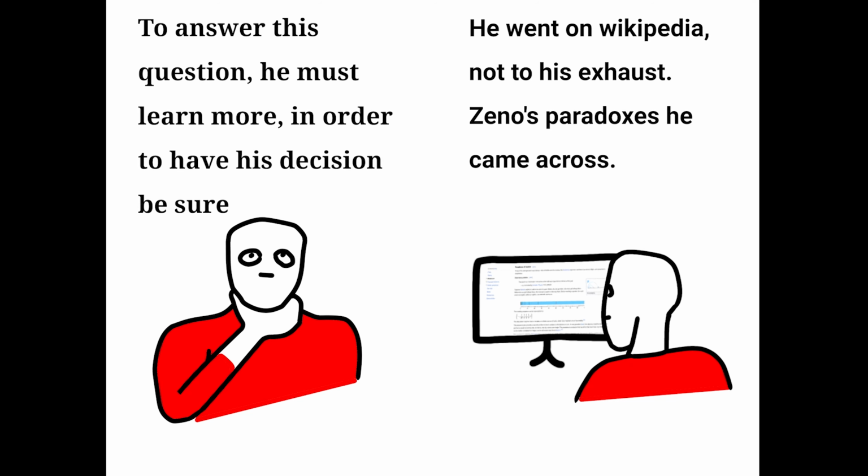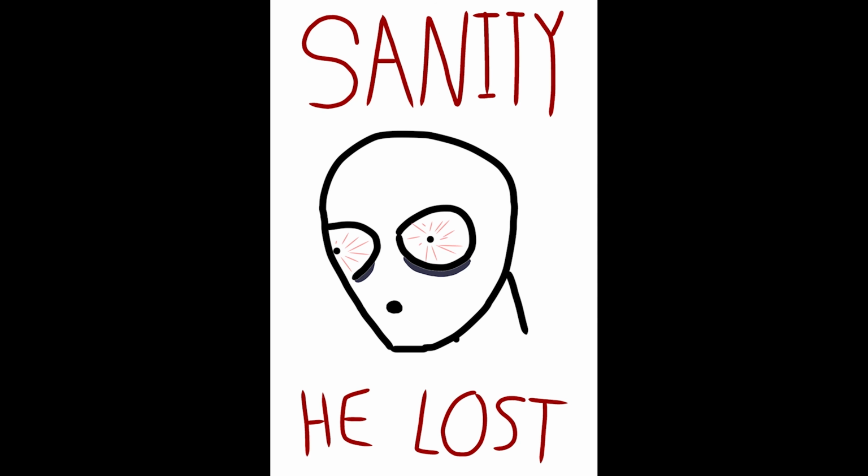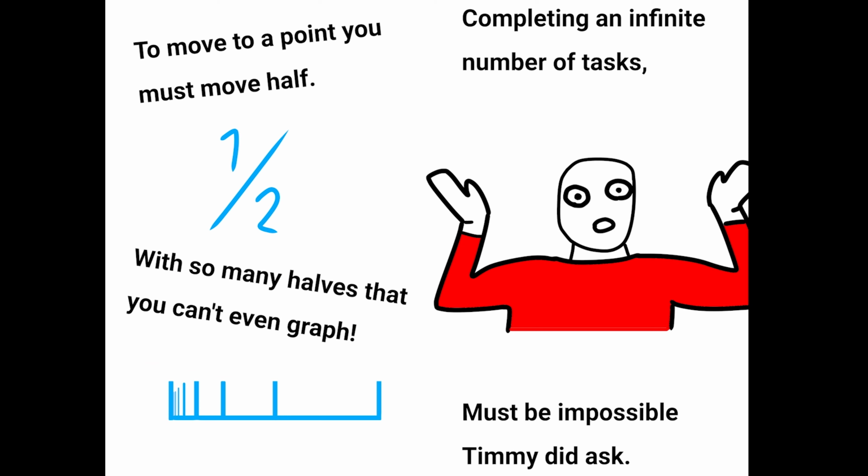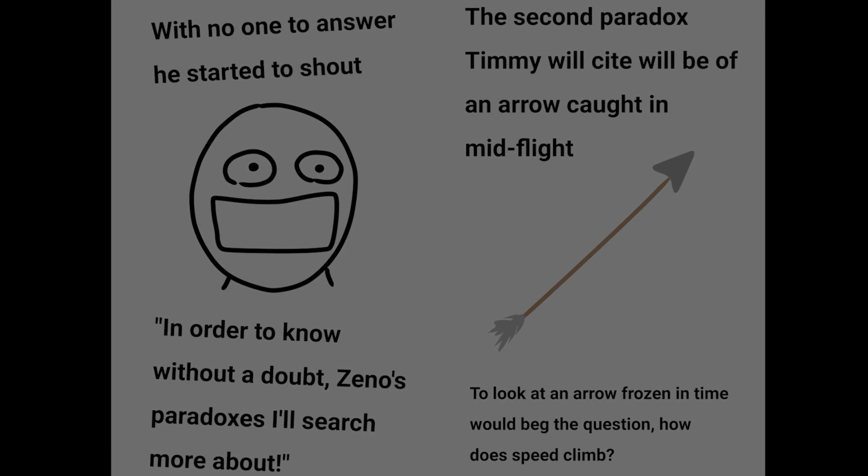He went on Wikipedia, not to his exhaust. Zeno's paradoxes he came across. Sanity he lost. For the dichotomy paradox states that movement is finite, infinite space. To move to a point, you must move half, with so many halves that you can't even graph. Completing an infinite number of tasks must be impossible, Timmy did ask. With no one to answer, he started to shout.